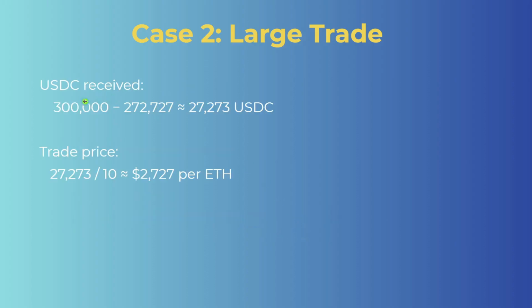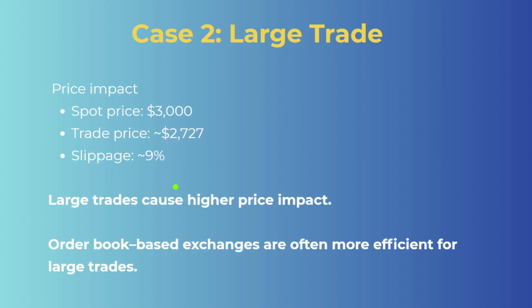And so the user gets in the end 27,000 USDC. So the trade price in the end was $2,700. So it is even worse than the trade we did before.